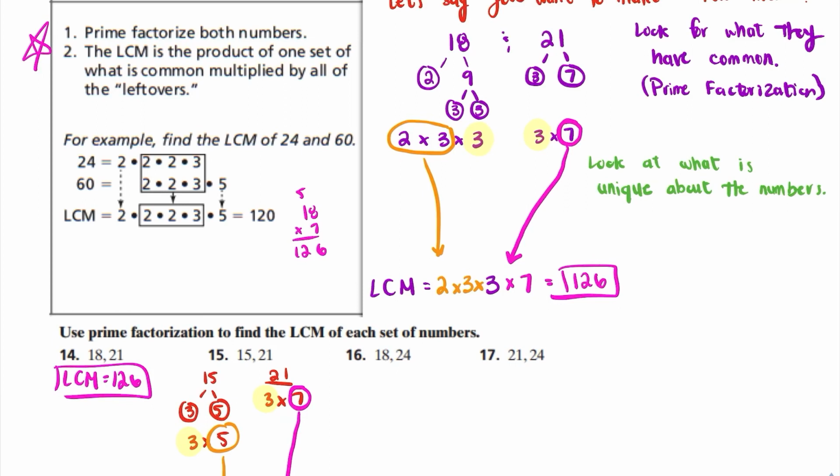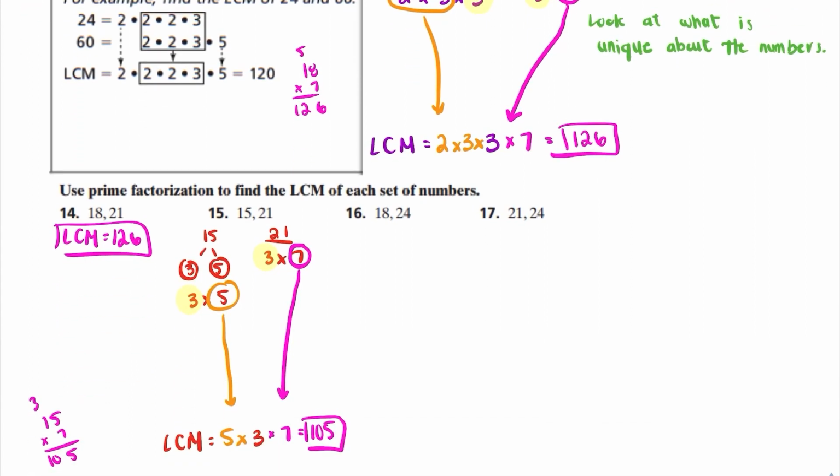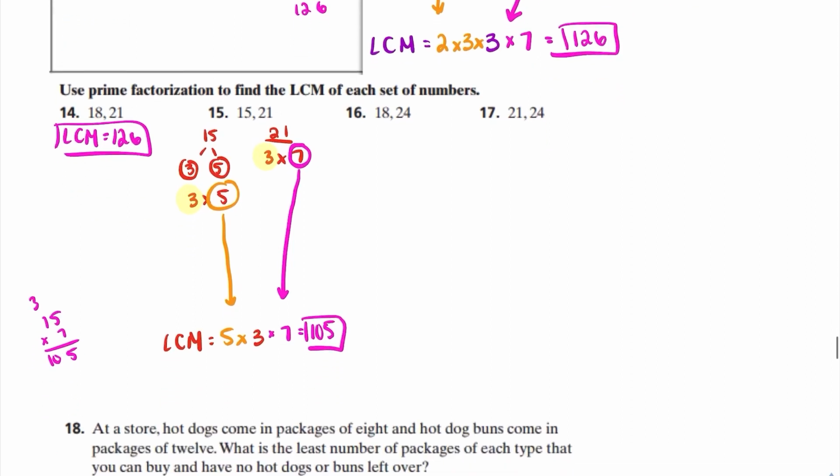But you guys will need to learn how to use prime factorization to help you find the least common multiple. Okay, there will be problems on a quiz or a test that say use prime factorization to find the least common multiple, and you have to do this process. Okay, so yes, you will have to learn it.